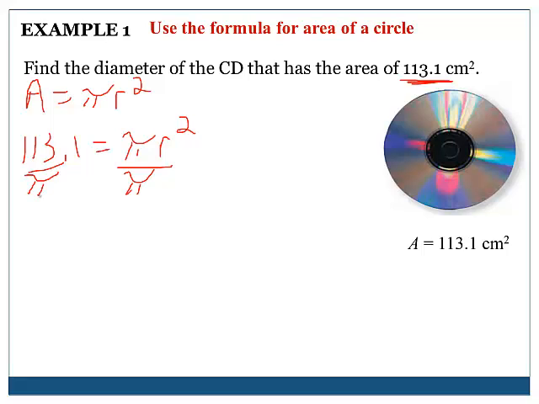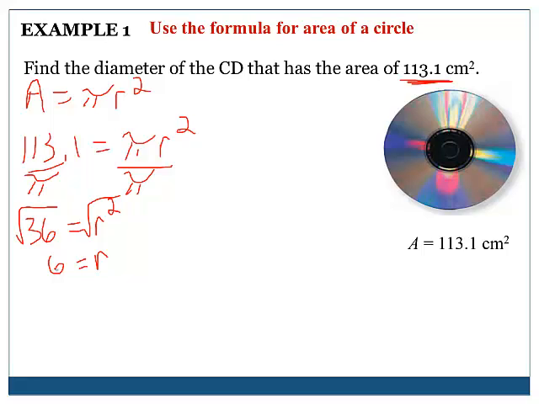This should give us roughly 36, and that will depend on how you round it and what you plug in for pi, but when you round you should get 36. Set that equal to r squared, square root both sides, and we'll get radius is equal to 6.